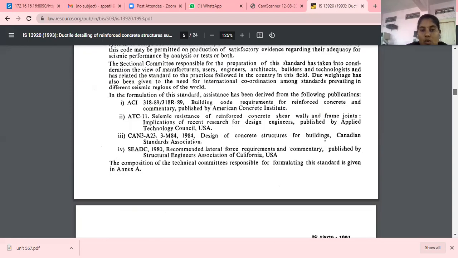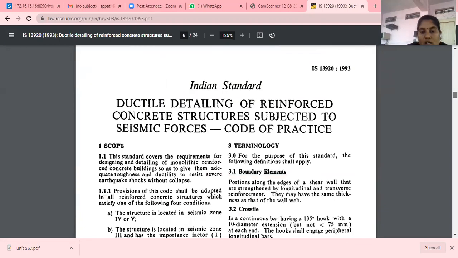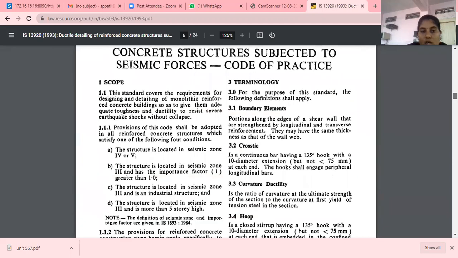In this IS code, all the other codes that will be followed are also given. There are some journals also. You can see how to achieve the building as an earthquake resistant building, how to achieve the ductile detailing of RCC members. All those parameters are given.